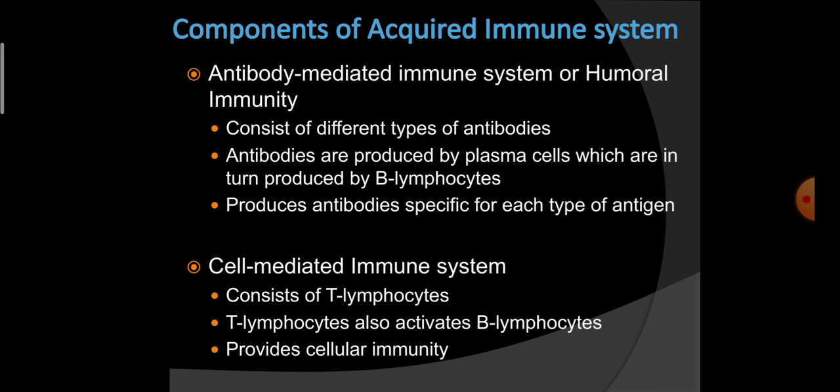It helps in the destruction of cancer cells. As I told you, it also activates the B lymphocytes. So you have to know the differences between innate and acquired immunity, and also between cell mediated and antibody mediated immune systems. These small differences you will have to know.